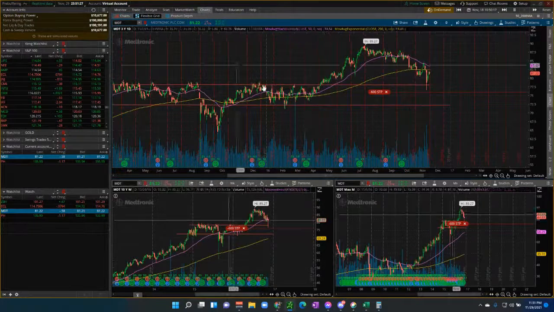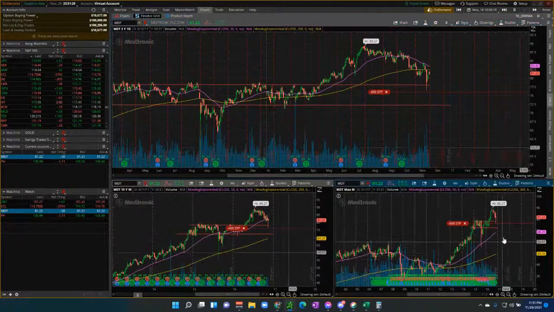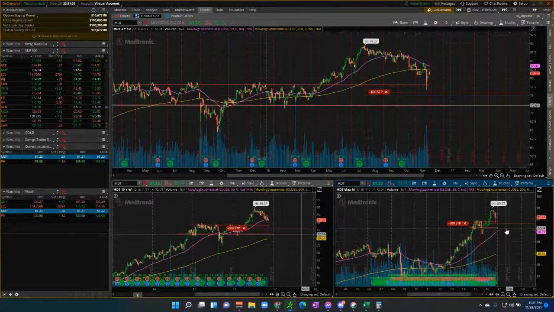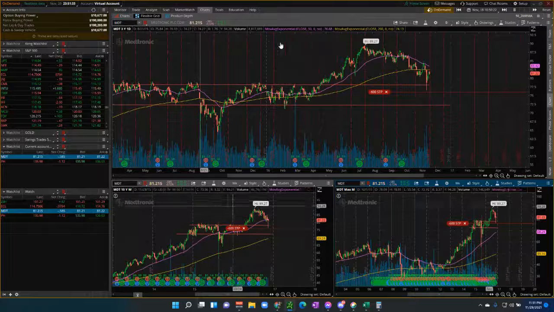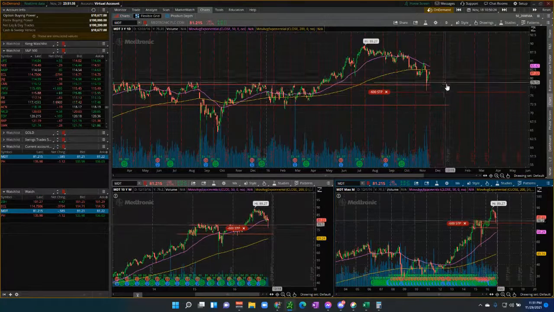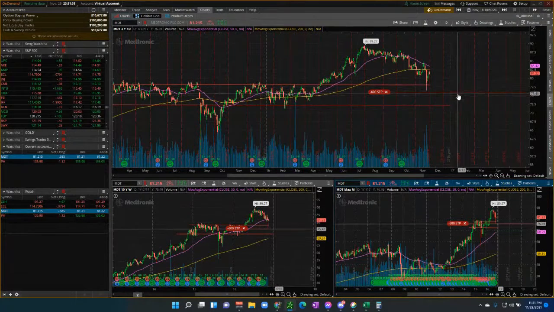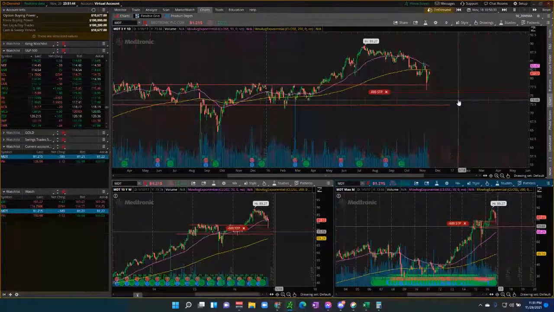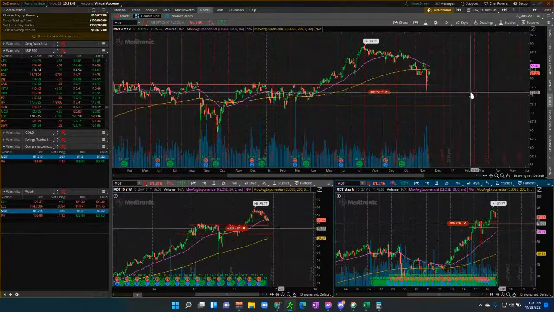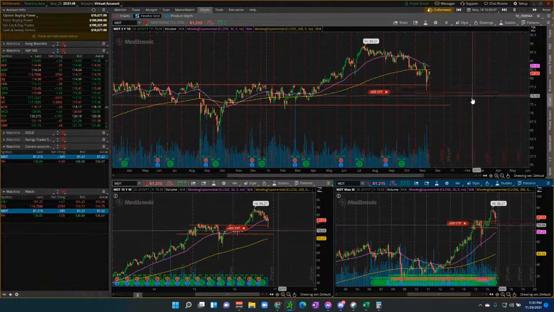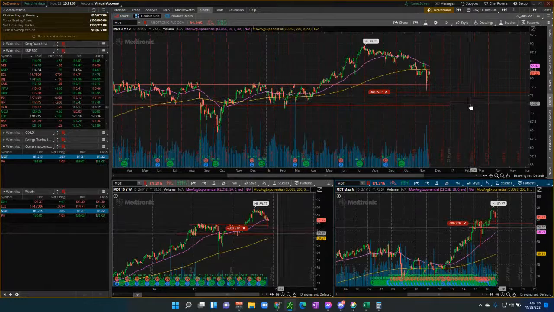So maybe if we like it as a stock, right? We're looking at the charts, right? We like it as a stock. Maybe we think that it could bounce, right? Or maybe if it falls some more, it could eventually come back to where we got in at, near that 78 or even down to 75, right?